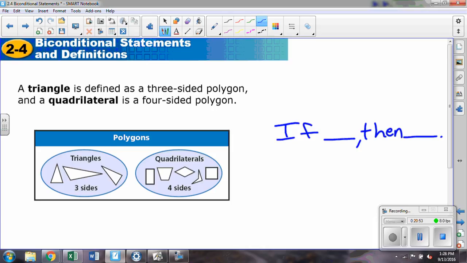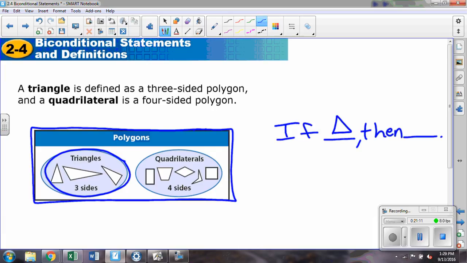If something is contained on the inside, for instance, triangles are contained completely inside polygons, we saw visually that this can be represented as a conditional. If it is a triangle, then it is a polygon. And that would be a true statement. On a Venn diagram, we had the inside and outside components, and that would create a true conditional.